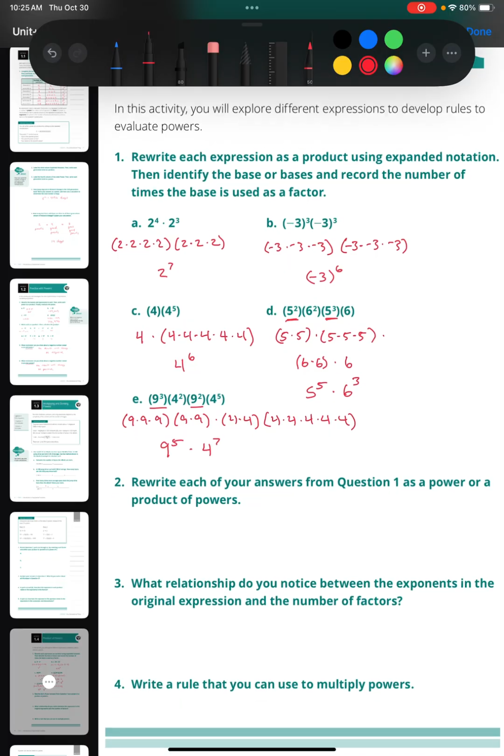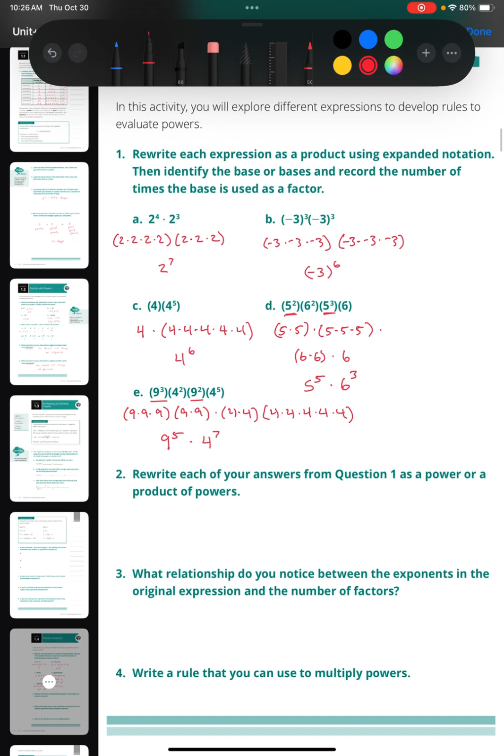Now, if we look at how we could get to that pattern, for 2, I already answered the question for each A, B, C, and D. I wrote after the expanded form, I went ahead and filled in simplifying the exponent. So what I just underlined is our answer really for 2. Okay, but 3 says, what relationship can we notice between the exponents in the original expression and the number of factors? Well, if you look at A, for instance, 2 to the 4 times 2 to the third, and we ended up with 2 to the seventh.